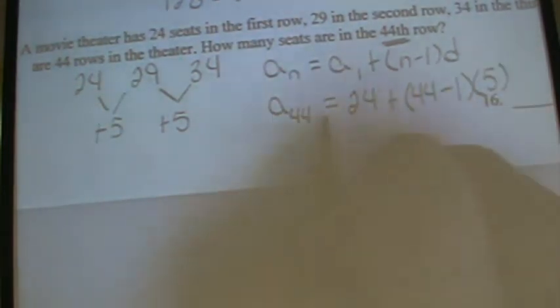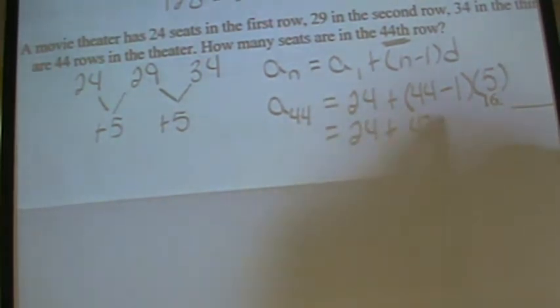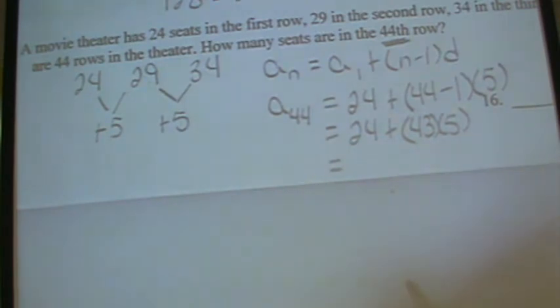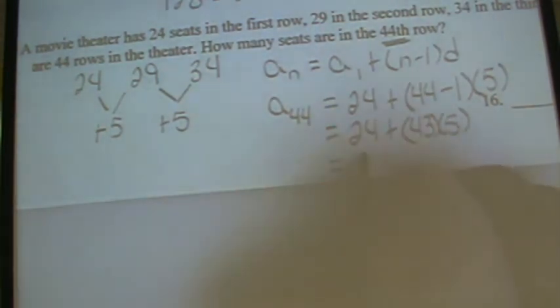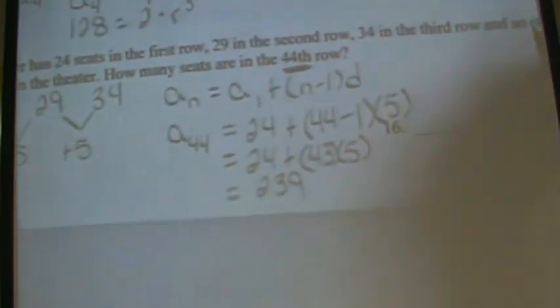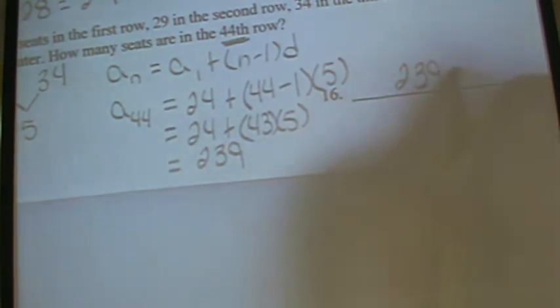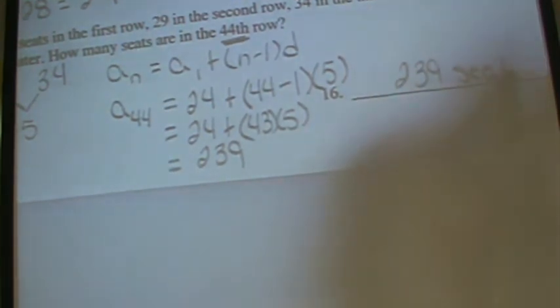So solving this, we have 24 plus 43 times 5. Remember to multiply the 43 and 5 first, and then add the 24. And you should get 239. So there are 239 seats in row 44.